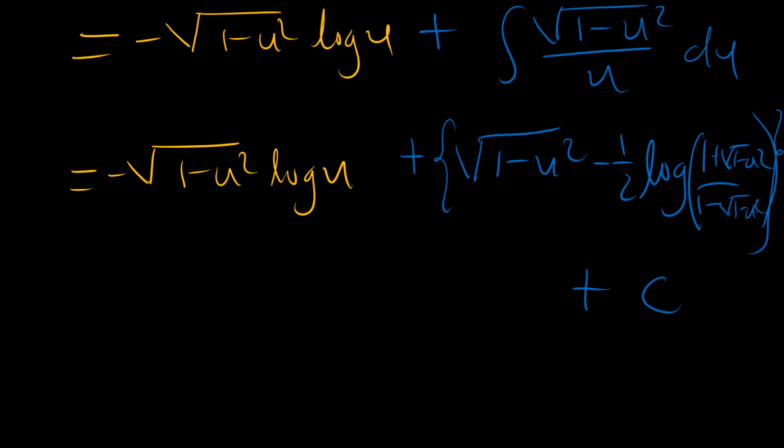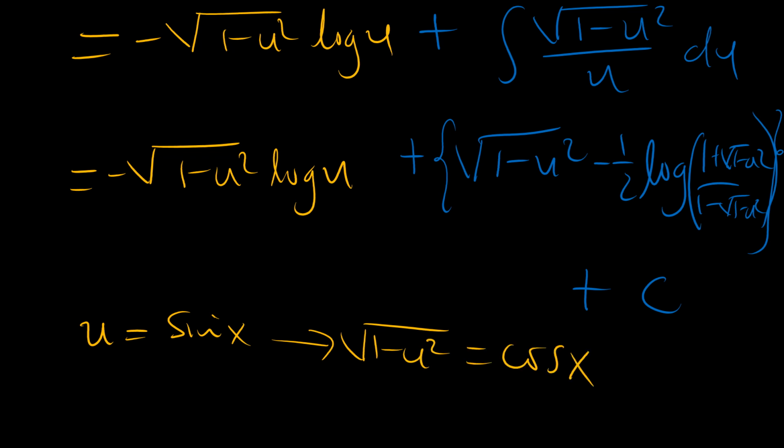But also we know that in the original substitution we had said u will be equal to sine x, and what that means is the square root of 1 minus u squared is equal to cos x. So what does that mean?